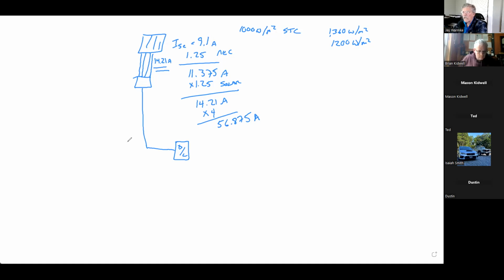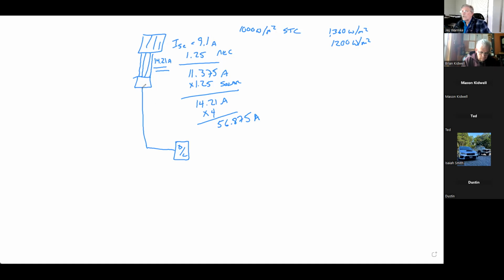Notice if I had gone with a higher temperature rated wire, if you look in column 3 for 6 gauge wire, if I go with a 90 degrees Celsius rated wire, it can handle up to 75 amps. So why wouldn't I just do that? Why wouldn't I go with a higher rated wire? Well, I certainly could. I could do that and it would be all right.